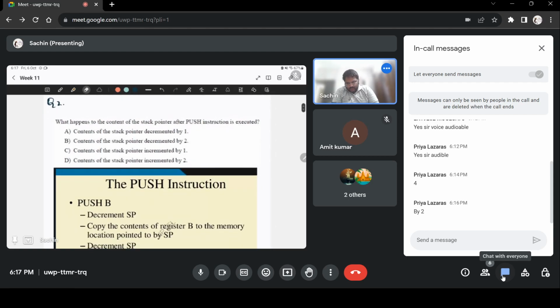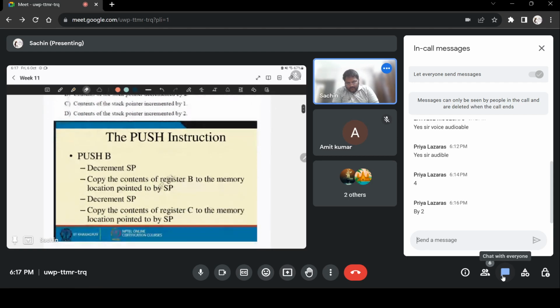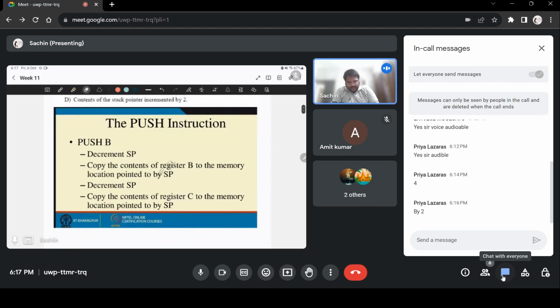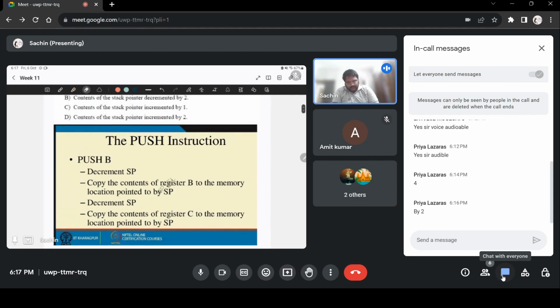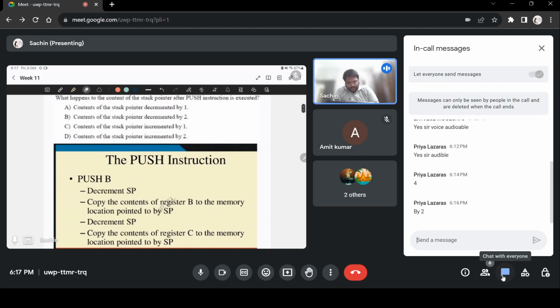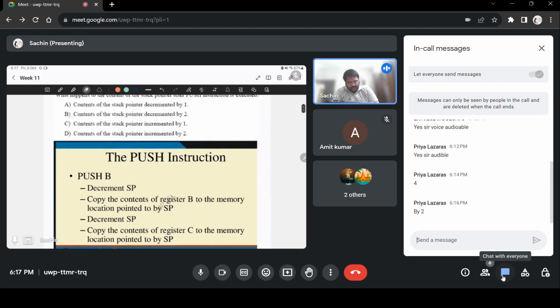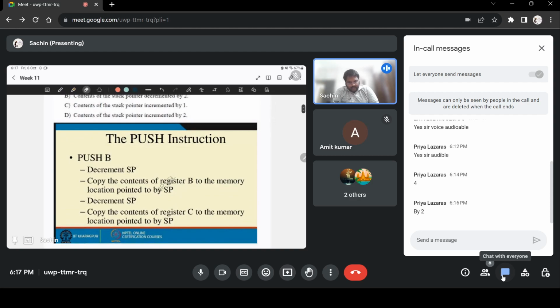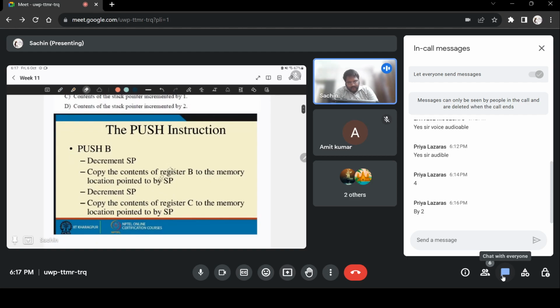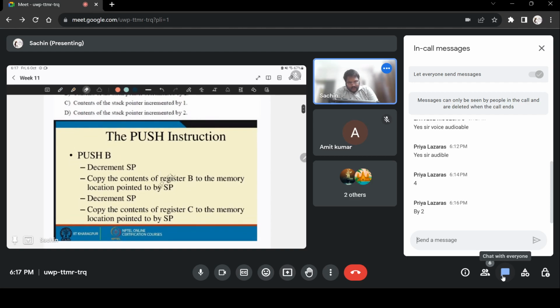Okay, by 2. I think this is the last slide of the lecture notes. So first, when you want to execute the push B instruction, then you decrement the stack pointer, copy the contents of register B, then decrement it again, copy the contents of register C. So when you do a push operation, you have to copy the contents of the register as a pair.